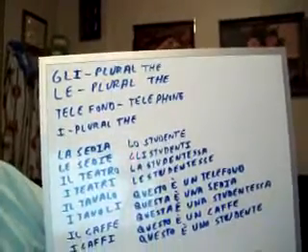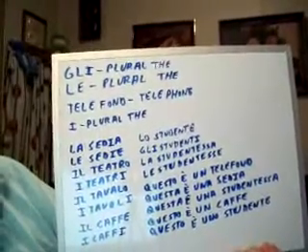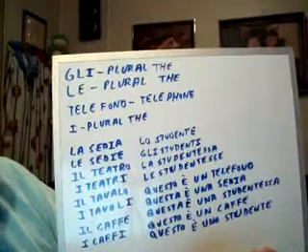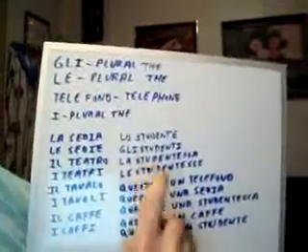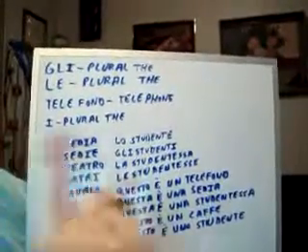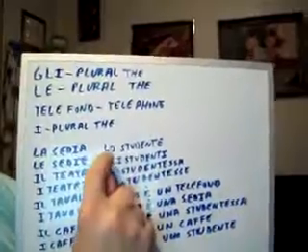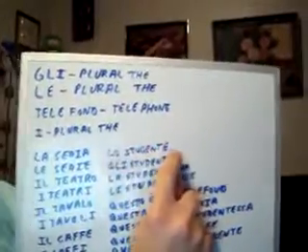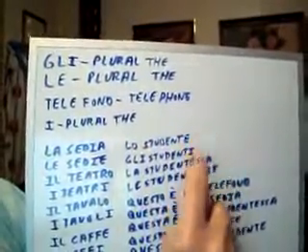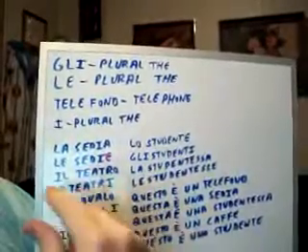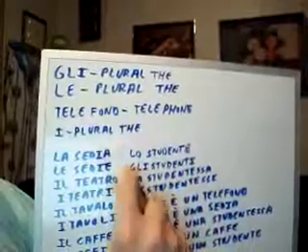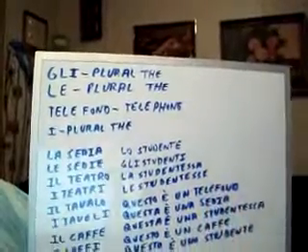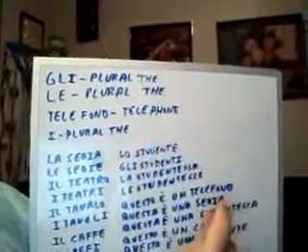So if you want to say there's one student in the classroom, you would say lo studente. But if you wanted to say that there was more than one male student in the classroom, you say li studenti. That's where this comes from.